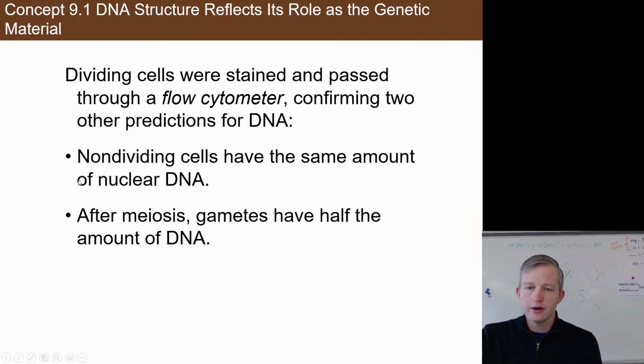But an important outcome of experiments along these lines was that non-dividing cells have the same amount of nuclear DNA, and importantly, that after meiosis, gametes only have half as much. So that's pretty compelling data to demonstrate what we now know about how reproduction works and how each of the gametes has half a complete amount of DNA, and that's why the whole organism that results has one complete amount of DNA. So this fits what we now take for granted.